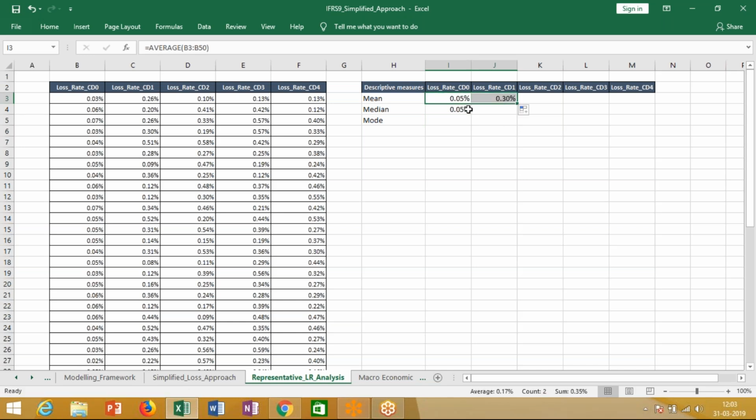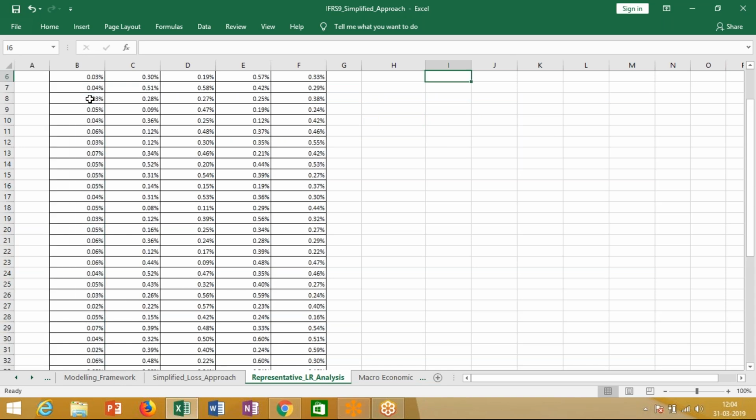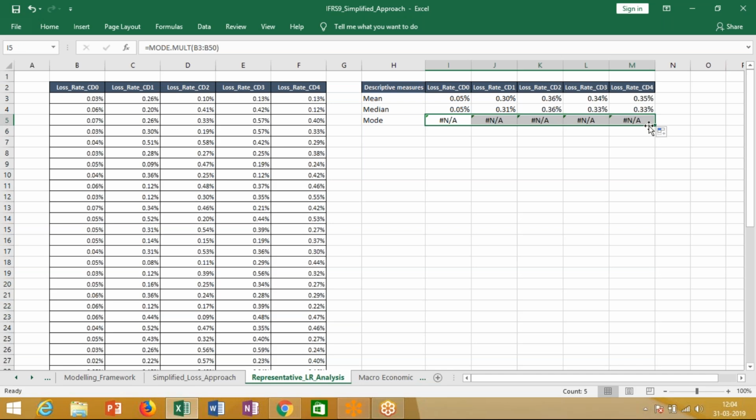So similarly, what I'll get to see is, okay, the mode is kind of undefined over here because there may be multiple such values.